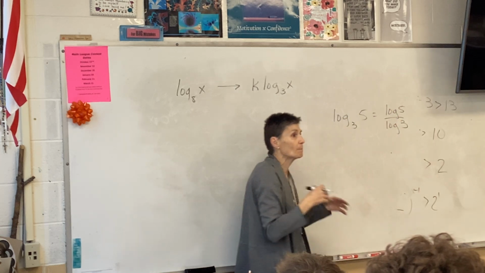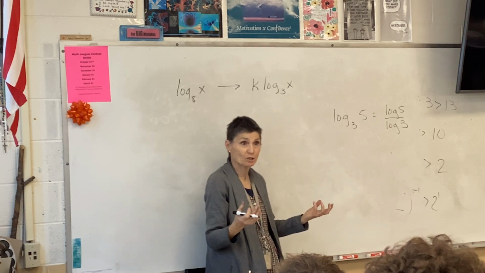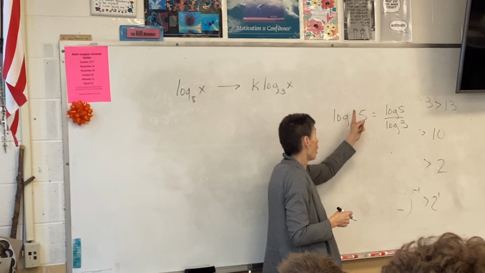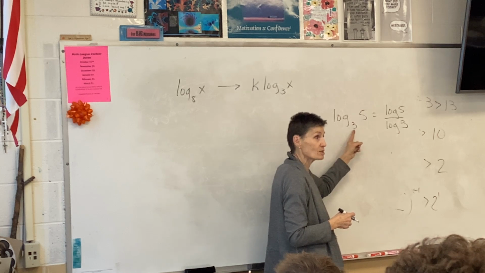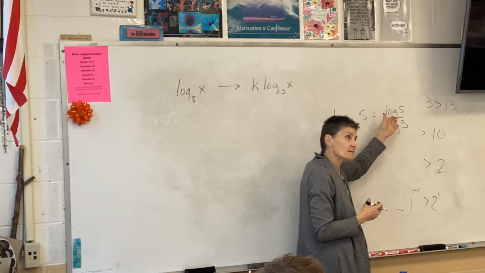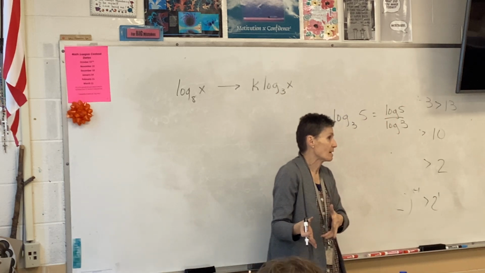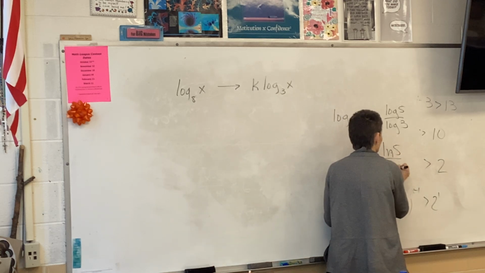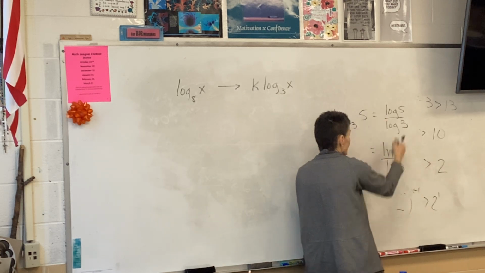That's an important rule to remember. It's called the change of base formula. And it's always the log of this one over the log of this one. I automatically went to 10 because my calculator has that button, but I could have gone to ln. All these things are the same number.